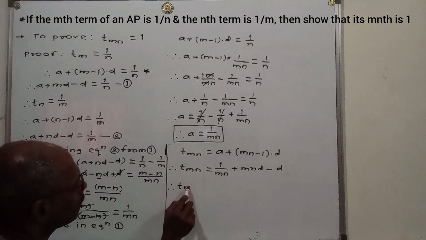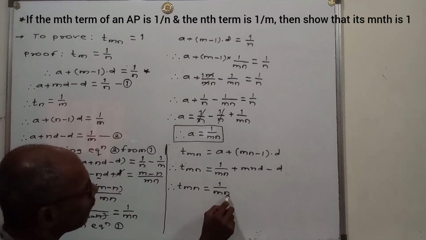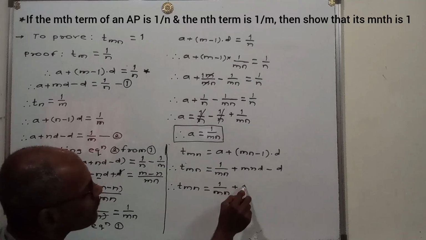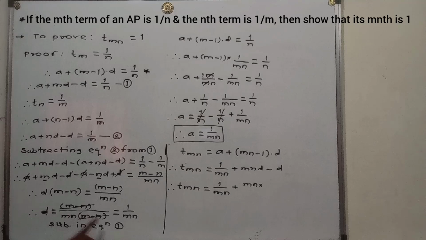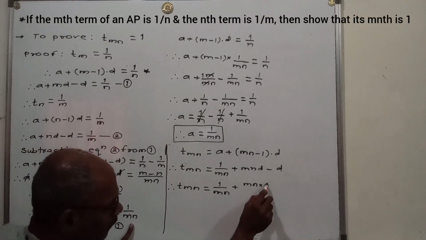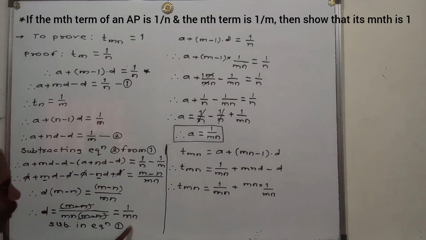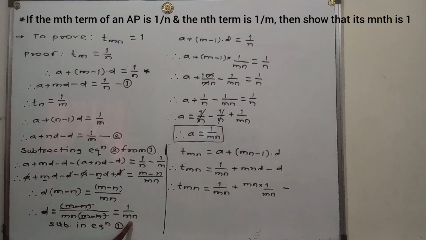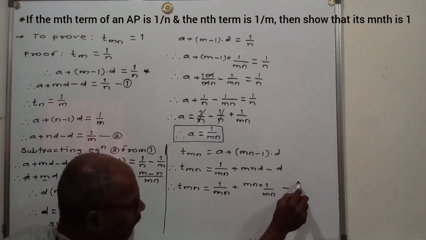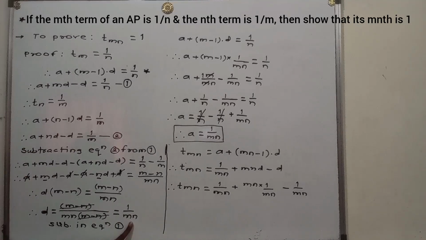Therefore, T_mn is equal to 1 upon mn plus mn into the value of d. What is the value of d? 1 upon mn, minus the value of d, 1 upon mn.